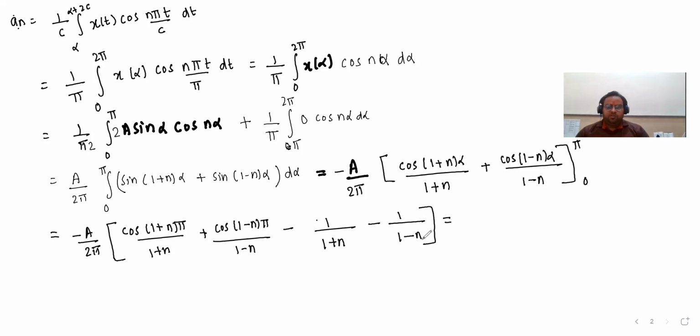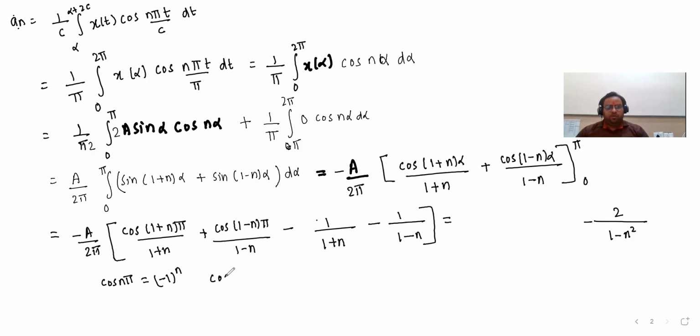Now if we combine both of these together, what we get here is 1 minus n square in the denominator, and in the numerator 1 minus n plus 1 plus n, so here it will be only 2. And now we have cos of (1 plus n) pi. In general, whenever we have cos n pi, the general solution for cos n pi is minus 1 to the power n.